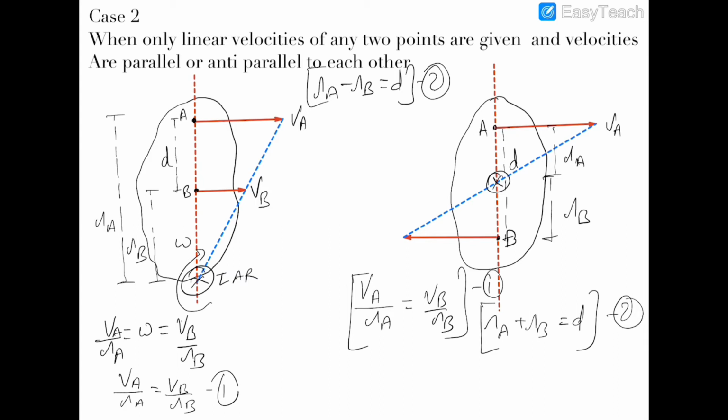This is the method to find out IAR, and you can easily calculate RA and RB by two variable solutions. Now let us move on to the numericals based on IAR for better understanding.